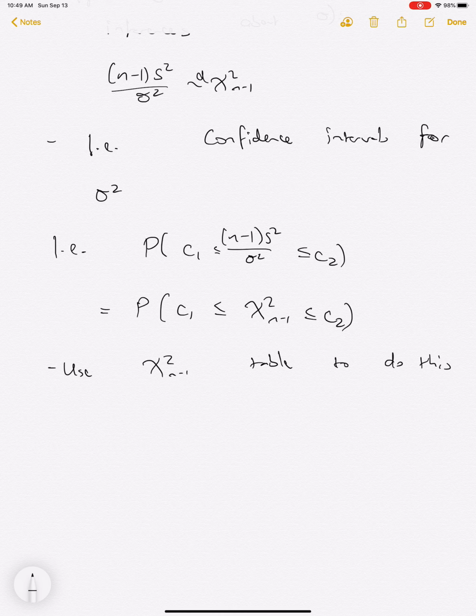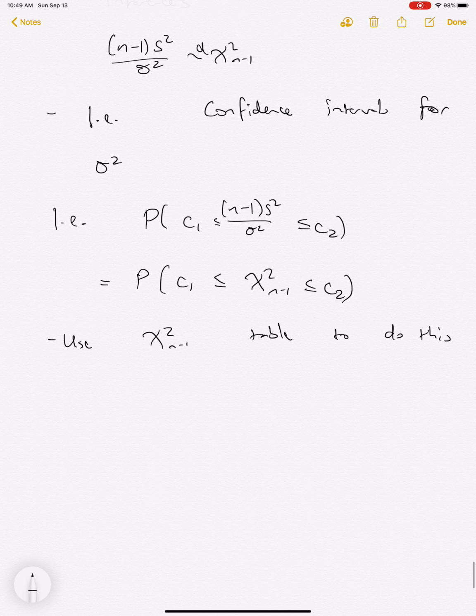You've had to do some of these calculations in the homework, so I won't go into the exact specifics. You've hopefully seen that in the homework and potentially in section as well, but you can see how you can find confidence intervals for sigma squared as well.